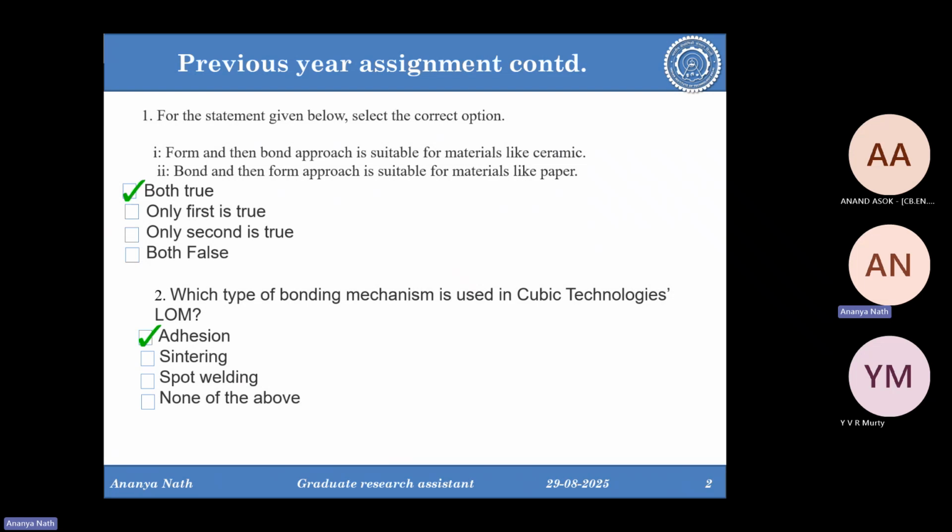So even after bonding we can cut the paper. But ceramics are very brittle. So if you are joining the ceramics and then cutting, it can be a little bit difficult. So it's better to cut the ceramic first and then join properly so that my part can be intact and there will be no harm to the part, because after joining the ceramic, if you cut it, there can be some cracks inside the actual part. So it's better to form and then bond.